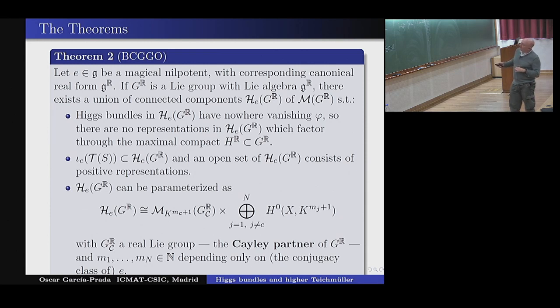This thing here that you see as sections of some powers of the canonical bundle, as a matter of fact, you can think of them in a different way. You can think of each piece here as a moduli space of K^(MJ+1) twisted Higgs bundles for another group, which is the connected component of SO(1,1).